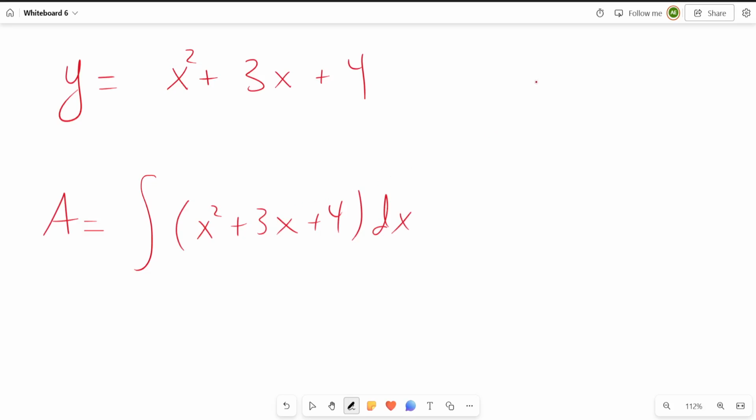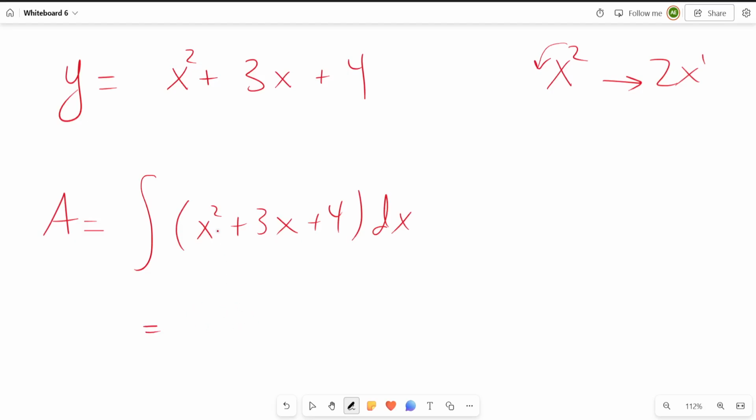Integration is very simple. If you remember differentiation, if I wanted to differentiate x squared, it's going to be 2x: the power times the coefficient, and then reduce the power by 1. So 2x to the power 1. Integration is kind of the opposite of that.